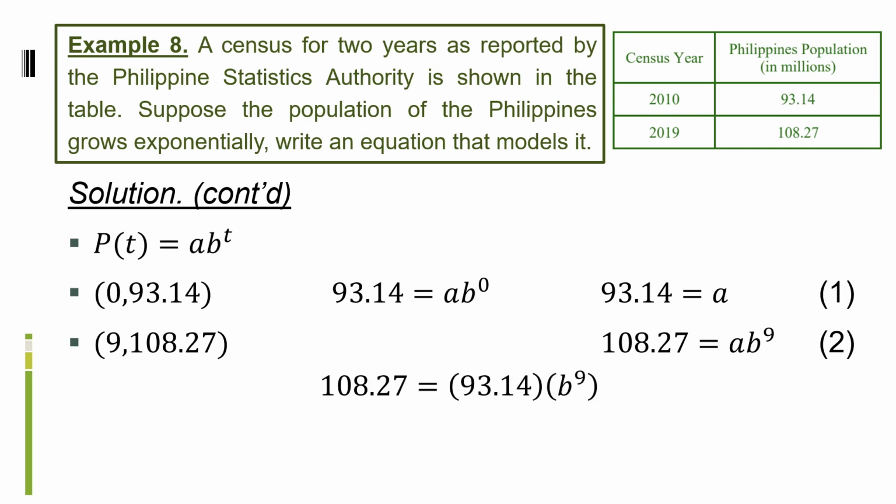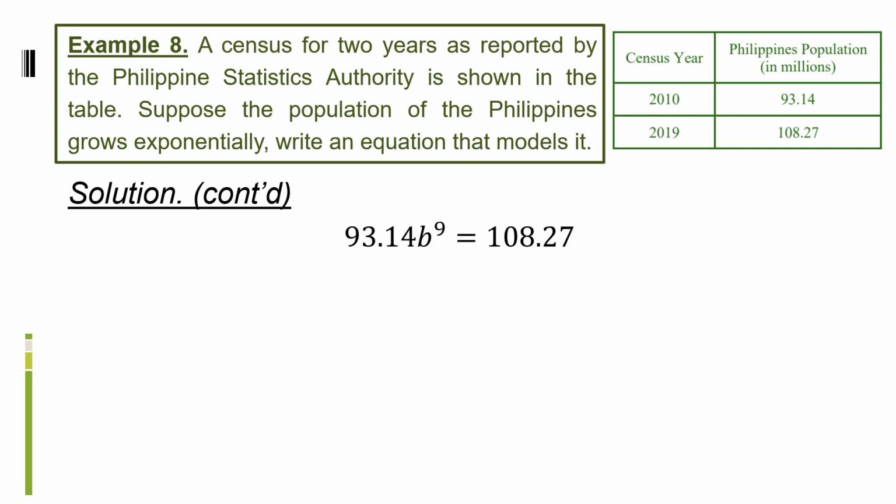By substituting the value of a here in 2, we have 108.27 equals 93.14 times b raised to 9, or that is 93.14 b raised to 9 equals 108.27. Dividing both sides by 93.14, we have 108.27 over 93.14.